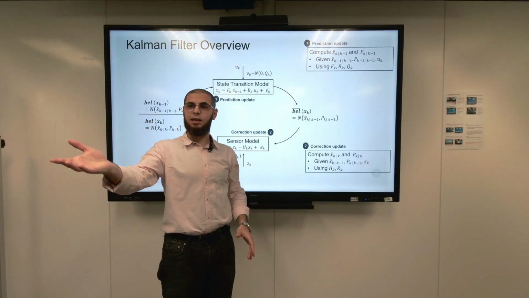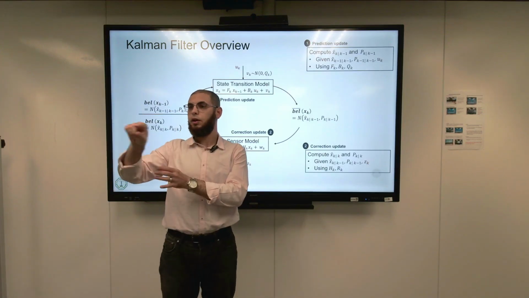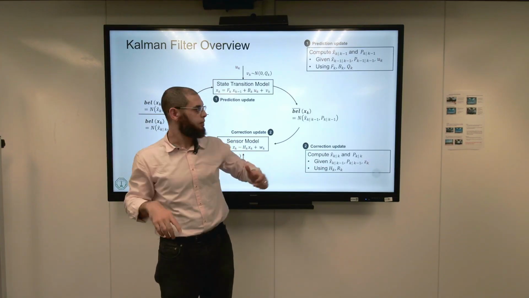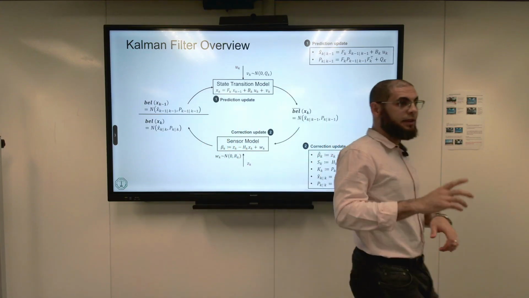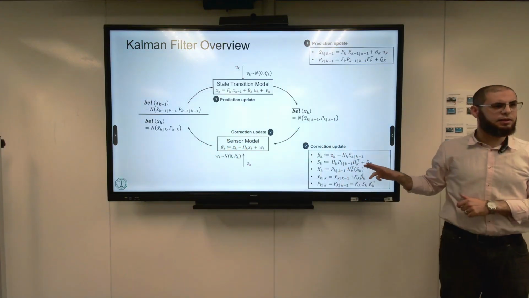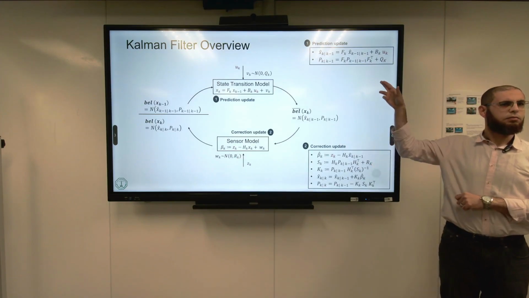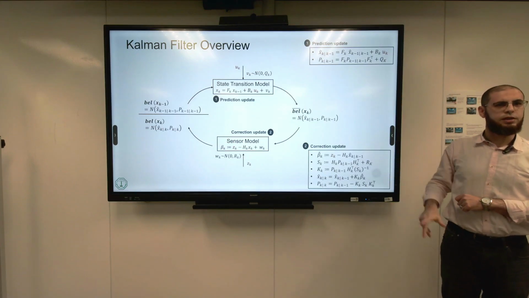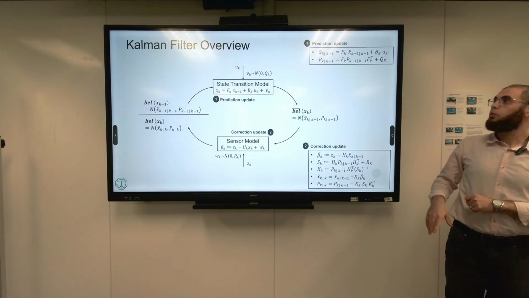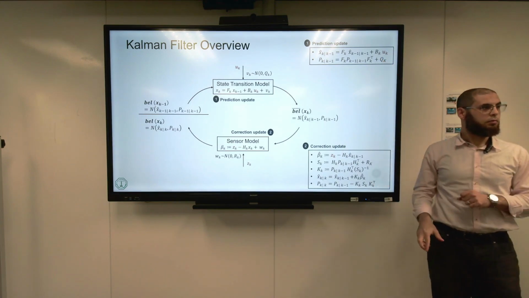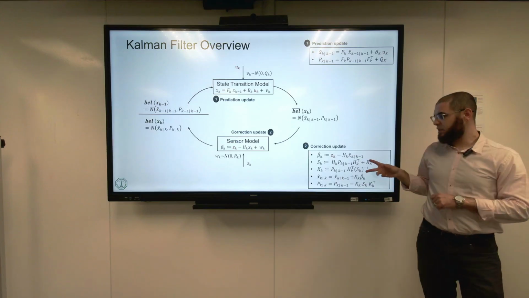In the MATLAB assignment that you had, they were just implemented for you, and you just filled in the equations in the two files, the Kalman update and the Kalman predict files. These were the equations that you needed to fill in, right? Prediction was one thing, and the other one was the update, the correction.